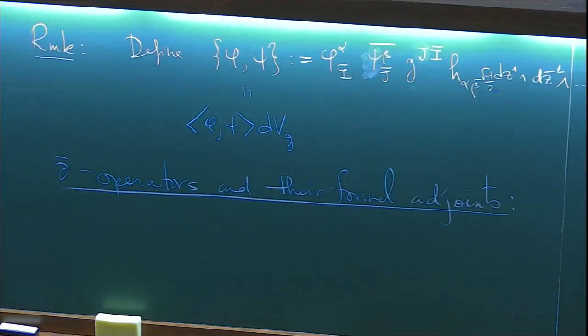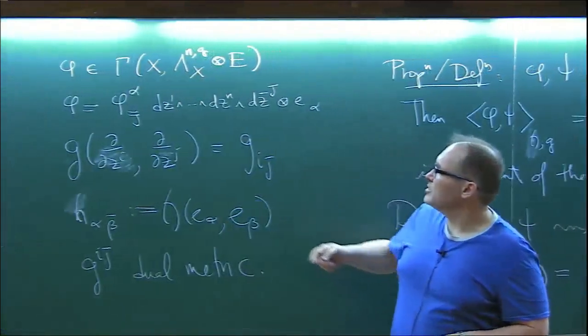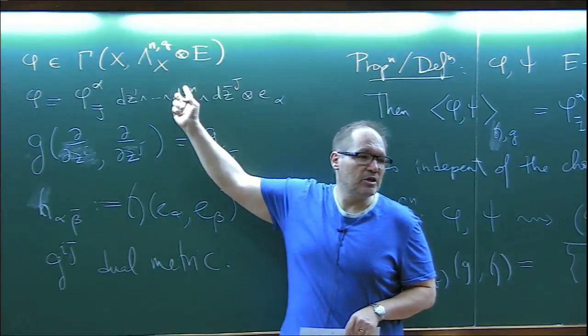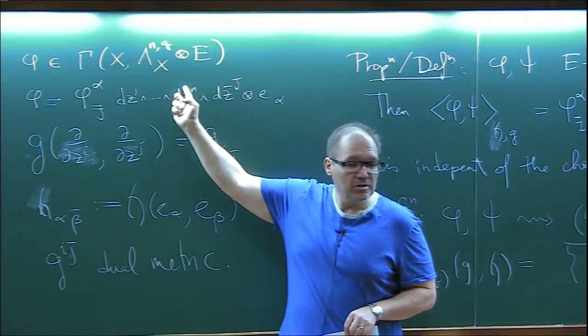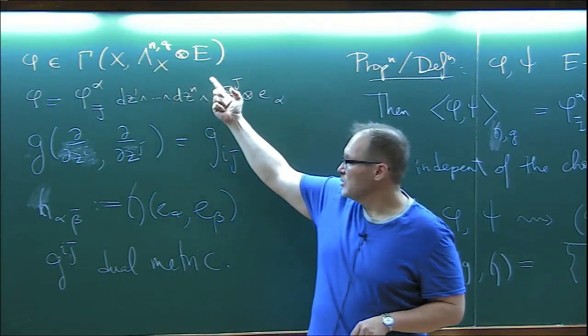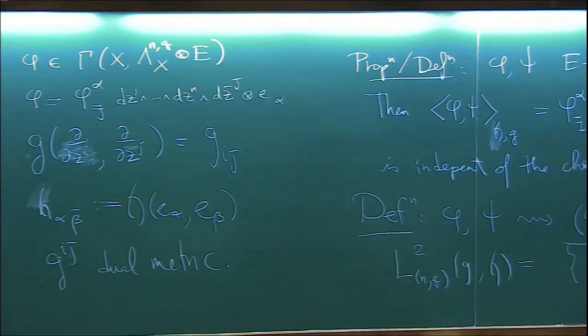So one of them is thinking about it as a twisted differential form, and then we have the exterior D-bar, which we defined last time. But another one is just thinking of it as a section of this vector bundle. However, this vector bundle is not a holomorphic vector bundle. So you have to be careful when you define this D-bar operator. And as we'll see, having this metric will allow us to define a natural D-bar operator.